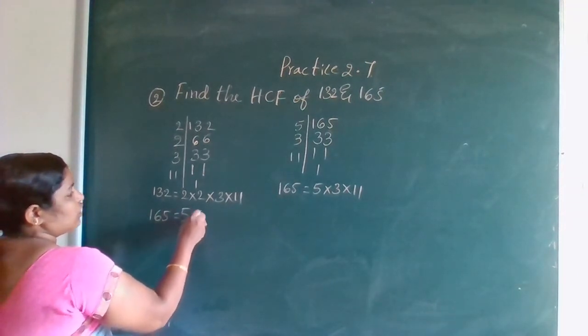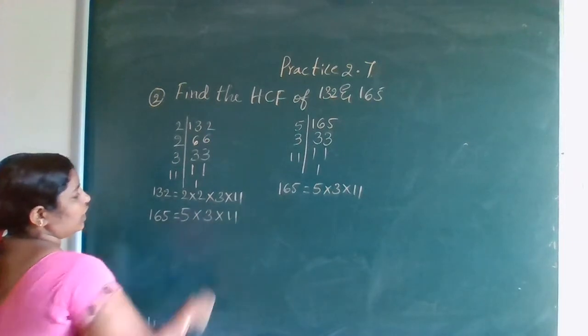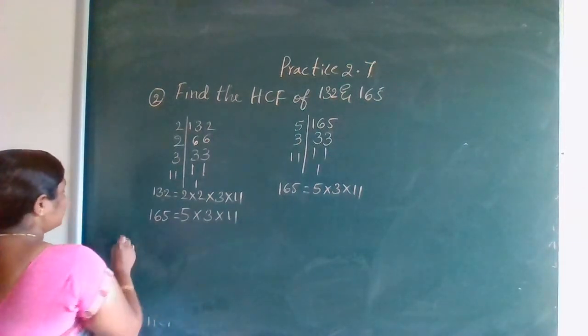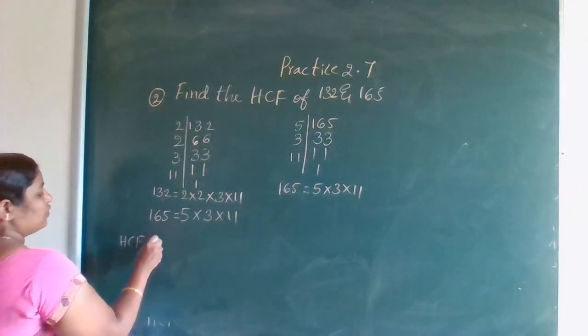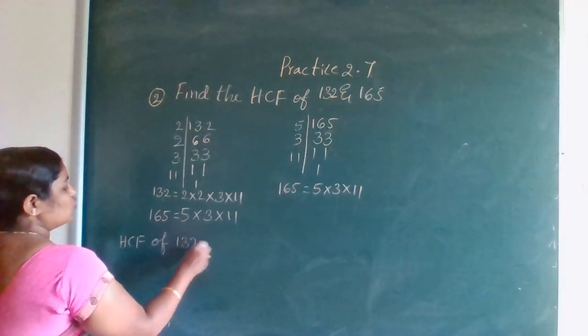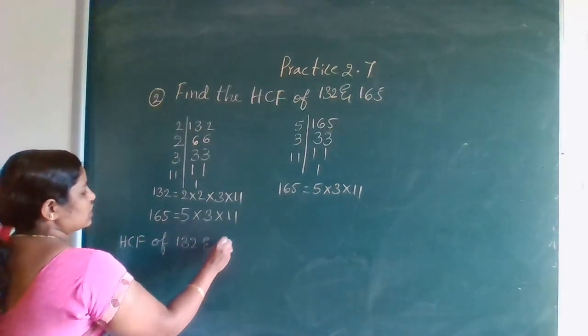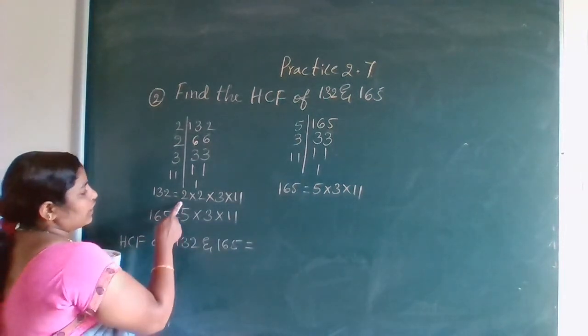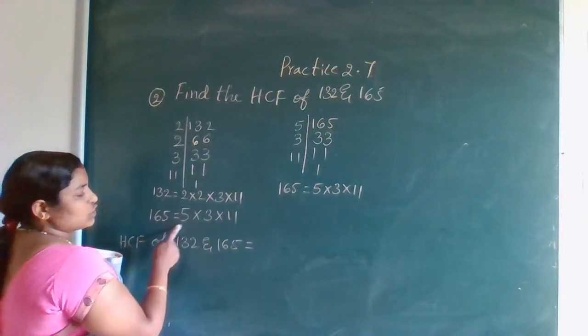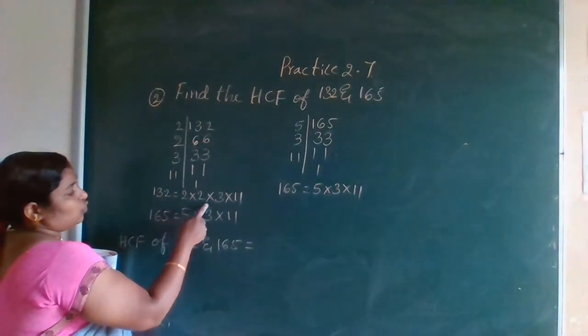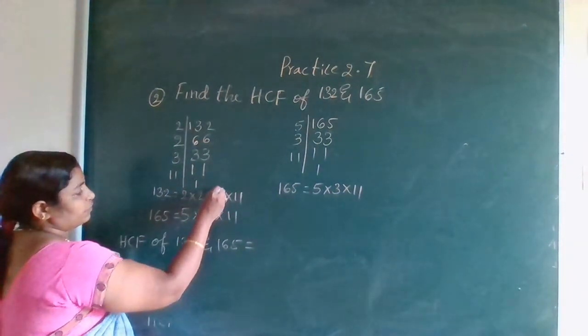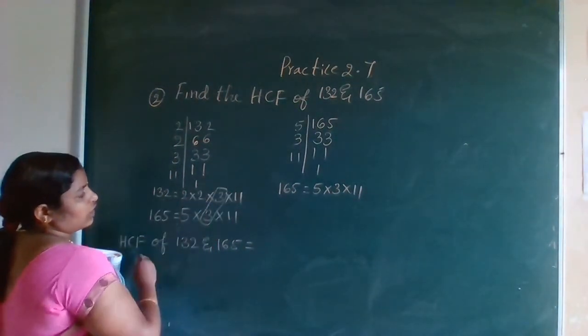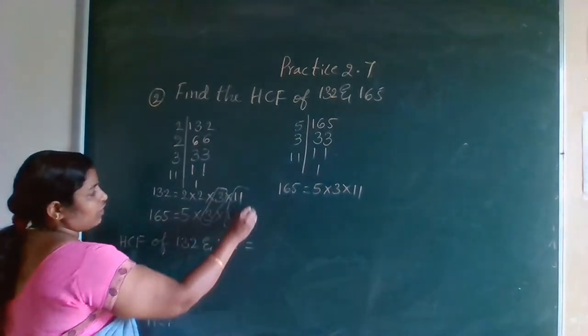5 into 3 into 11. So HCF of 132 and 165 is equal to... make a group, here 2, but here there is no 2. After 2 there is a 3, a set of 3, then 11, 11.